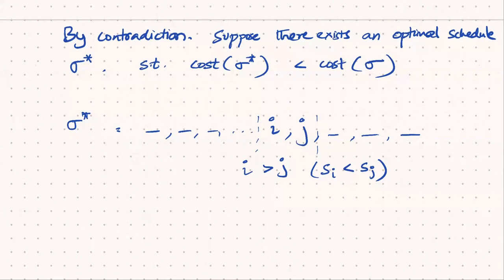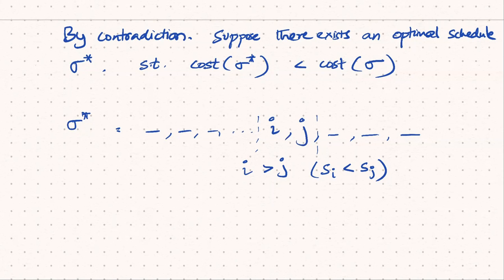Okay, and when that never happens, whenever we have two successive jobs I and J, we will have that SI will be greater than SJ. Okay, and that only happens for the greedy ordering, right?